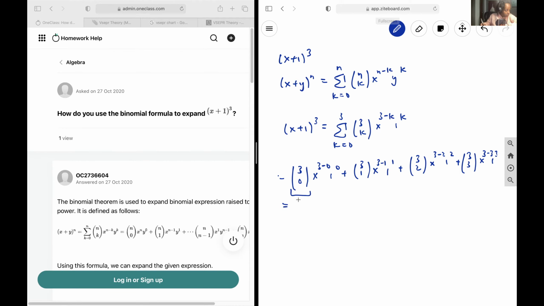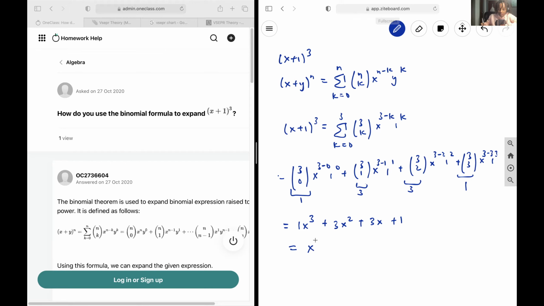3 choose 0 is going to give us 1, 3 choose 1 is 3, 3 choose 2 is 3, and 3 choose 3 is going to be 1. So the final answer will look like 1x cubed, 1 to the power of 0 is 1, plus 3x squared plus 3x plus 1.